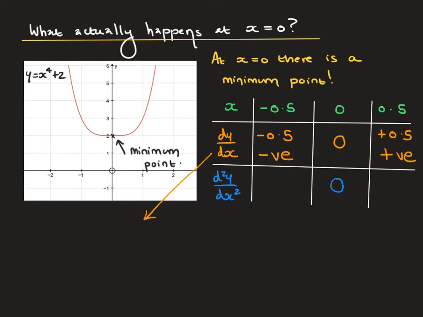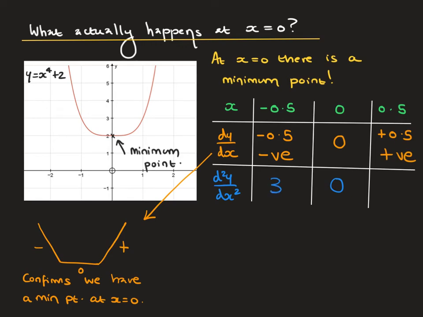So what does this tell us? This tells us that the gradient goes from negative to 0 to positive. So checking the gradient either side confirms that we have a minimum point at x equals 0. Now what about the second derivative? Well, at x equals negative 0.5, the second derivative is 3.